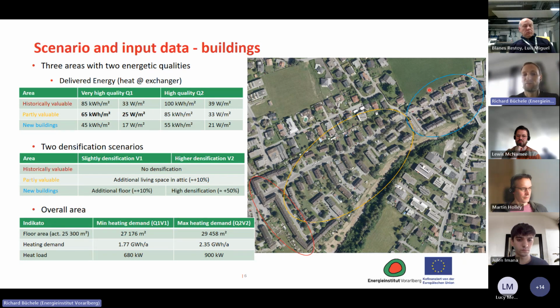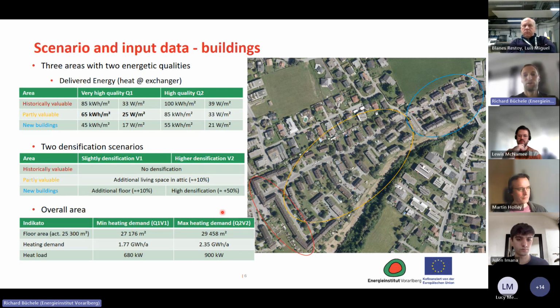And in the new buildings, we have 2 scenarios, adding around 10% of additional floor space, or high densification, tearing down everything and rebuilding it more densely, and then have 50% more. And these are like the bandwidth of the heat demand we could expect in the future.